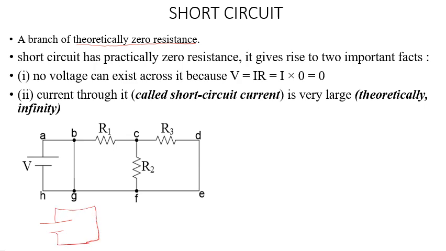The whole of these resistors will not be considered, because when the current gets to this side, instead of splitting, there's a free path here. It will not split, it will just pass through and come back. And one thing to know is that current through a short circuit is very large, like infinity.